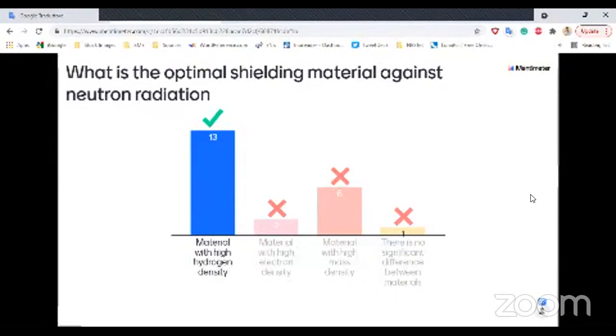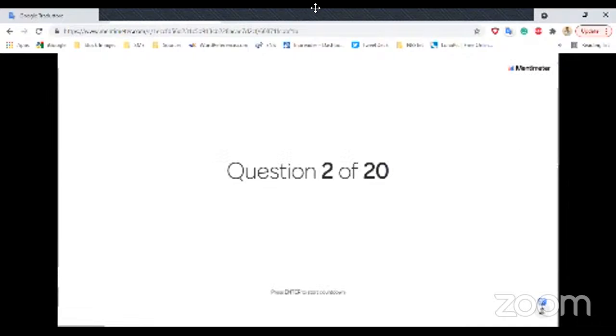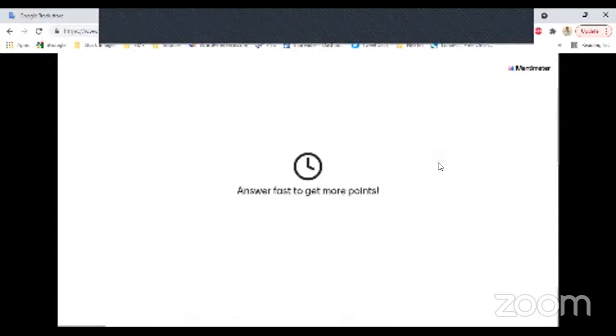Let's move to the second question. Number 2. What is half value layer, HVL?